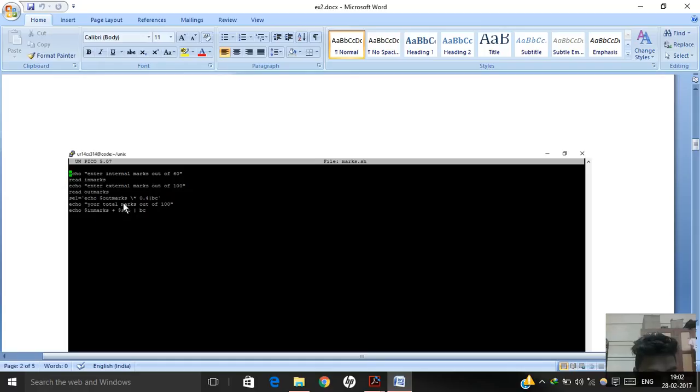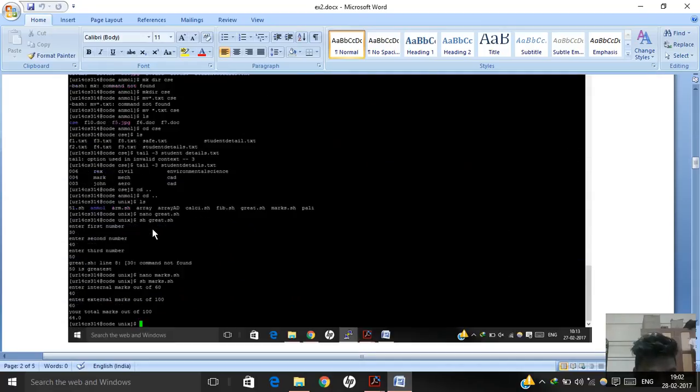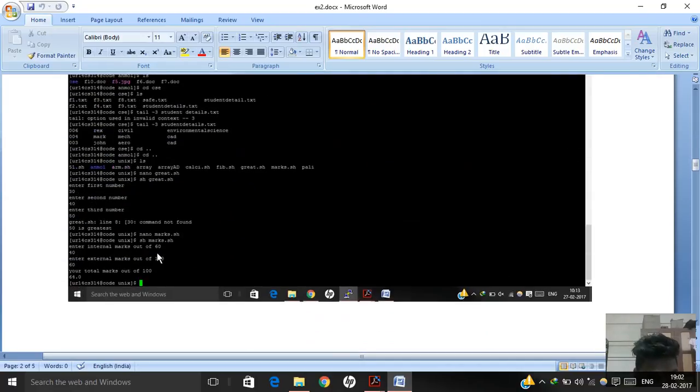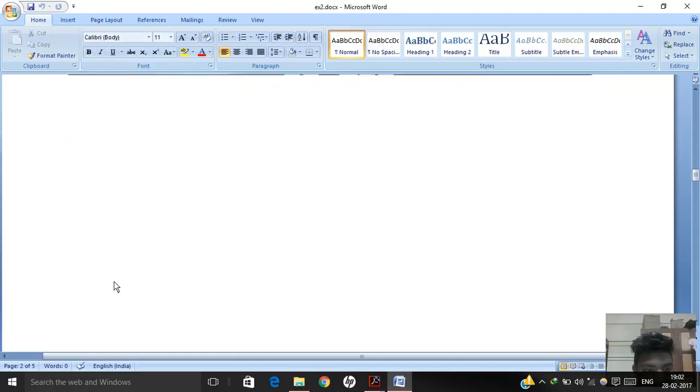This is a formula for that one, outmark divided by 0.4 with bc. Then all the calculation will be done by that formula, and it will be shown as the total mark out of 100, after calculating both the internal and external marks. So as you can see, given the internal marks out of 60 it is 40, and 60 out of 100 in the external, and the total marks out of 100 is 64.0. So this is for the second one.